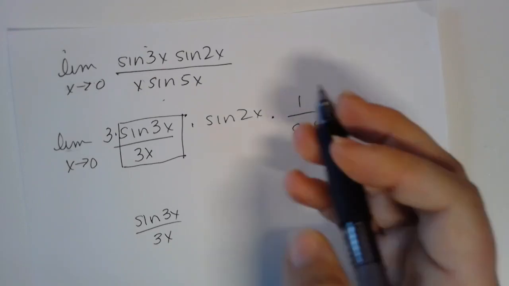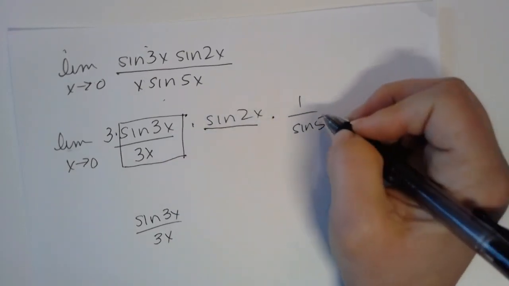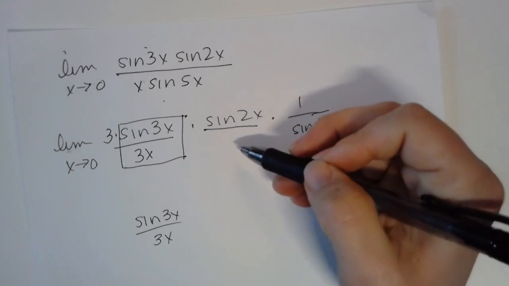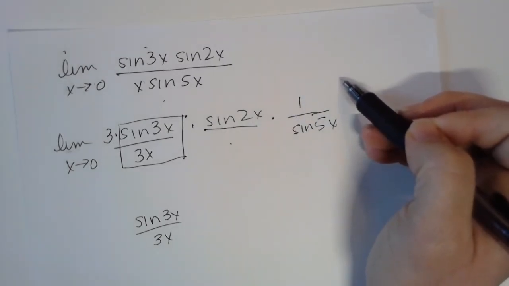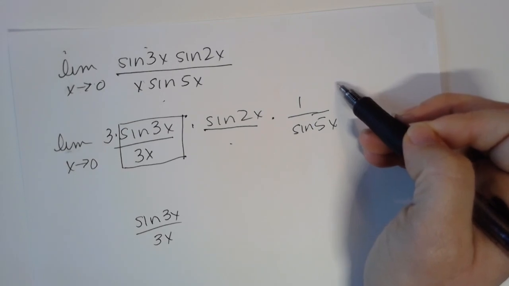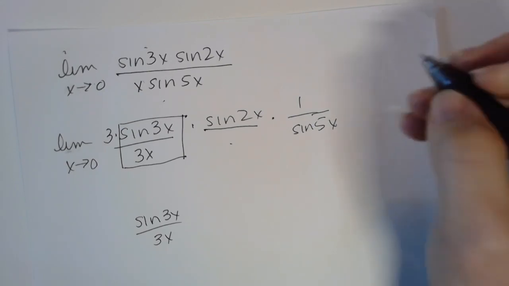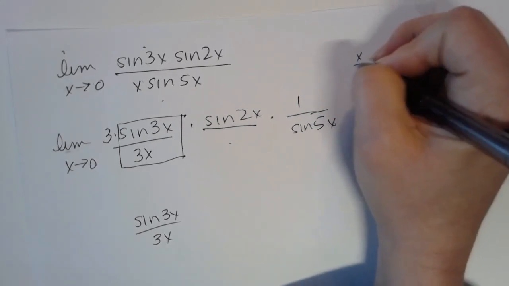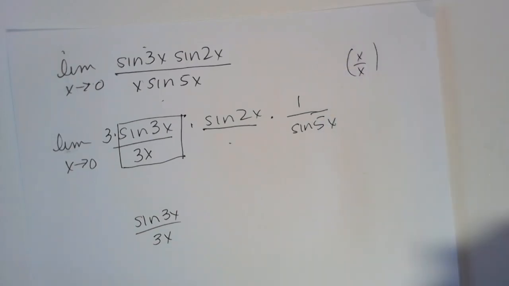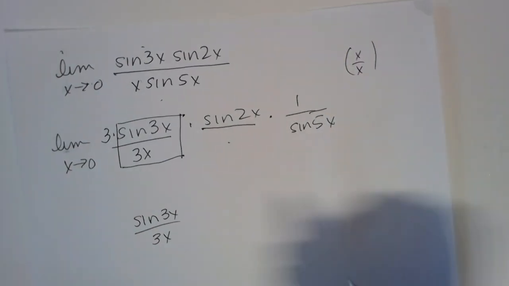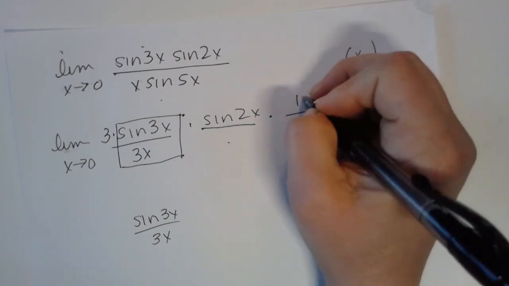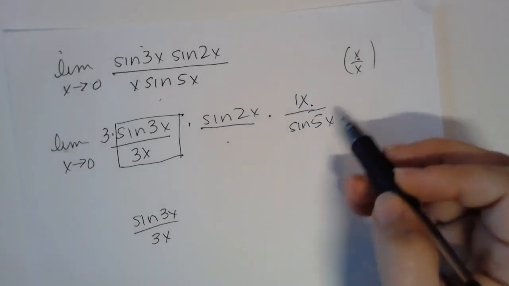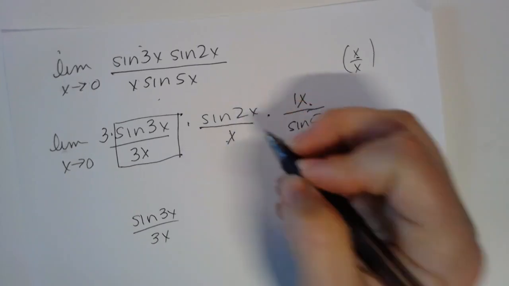Since I need an x down here and an x up here, I can multiply this whole thing by x over x, which is 1. So I'm actually multiplying the top and the bottom by x over x. Now I'm going to take the top x and place it up here where I need it, and I'm going to take the bottom x and put it down here where I need it.